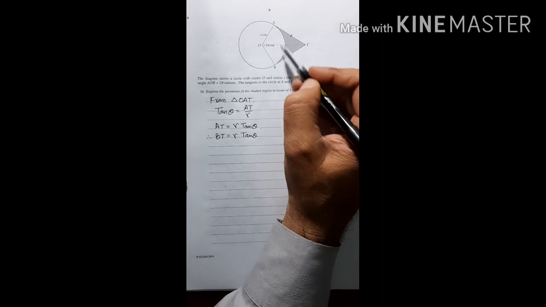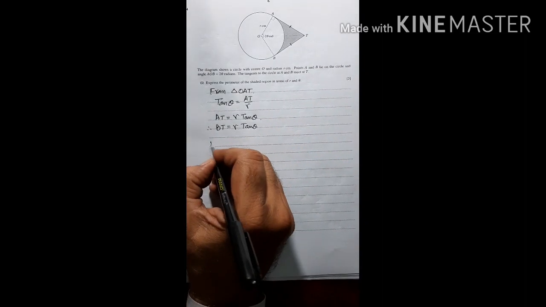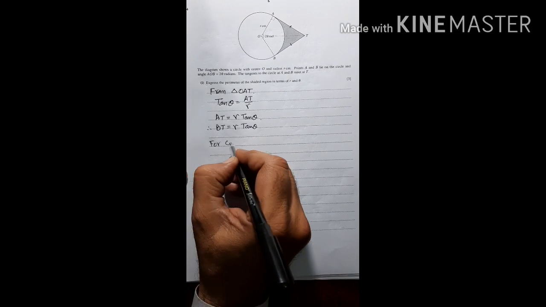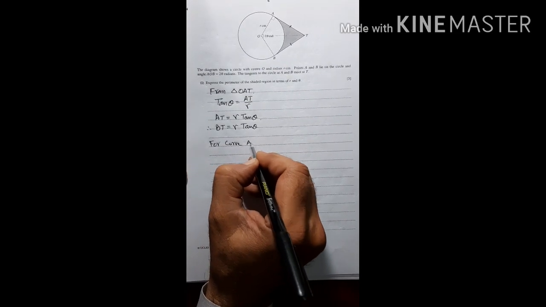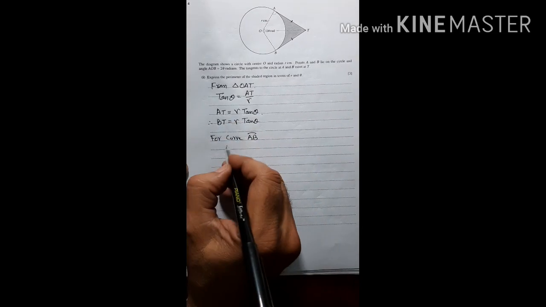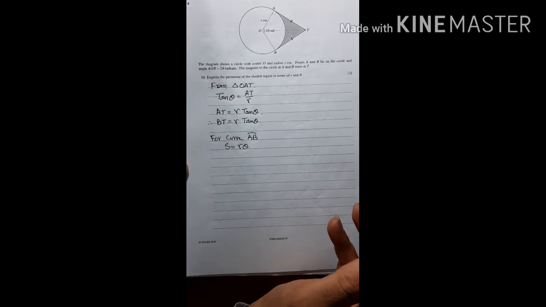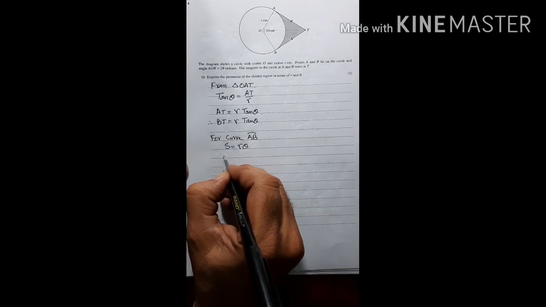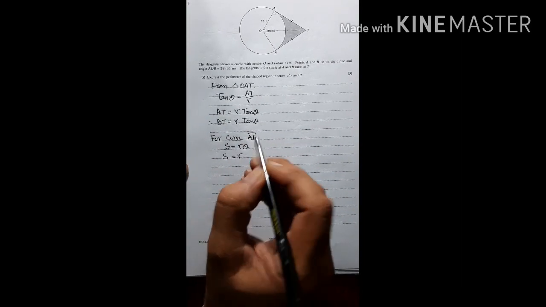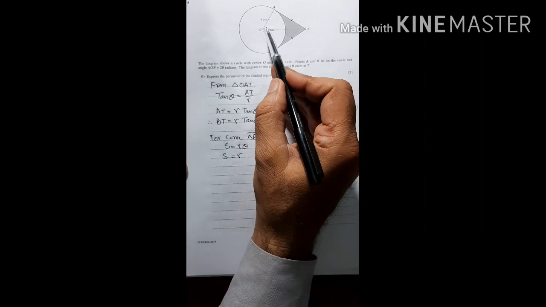Now I need the curve AB. For curve AB, I will use the formula S is equal to R theta. Don't get confused with theta, because here your angle is 2 theta actually.